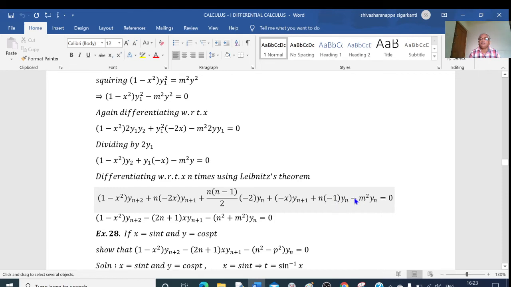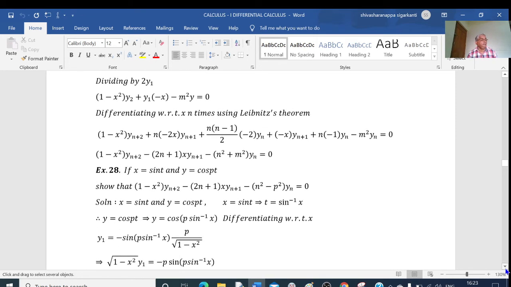Minus sign I have taken common factor, plus m square. n square minus n plus n plus m square. Here minus n plus n gets cancelled. What I am getting here is n square plus m square. So n square plus m square into yn is equal to 0.